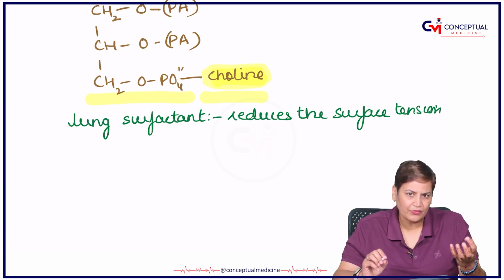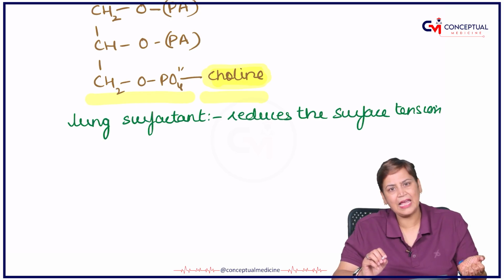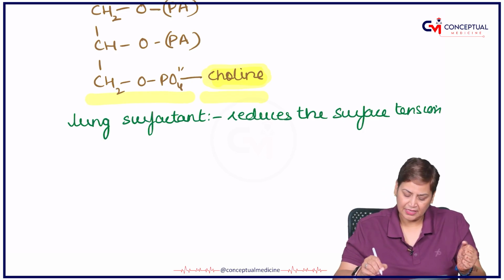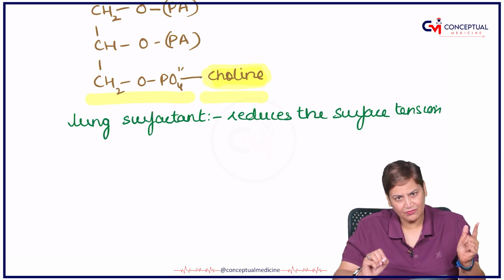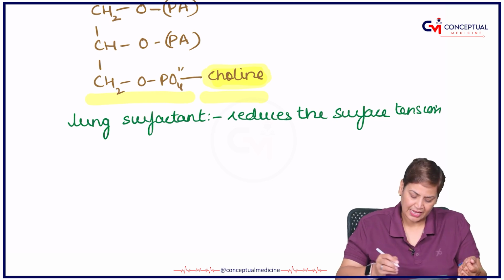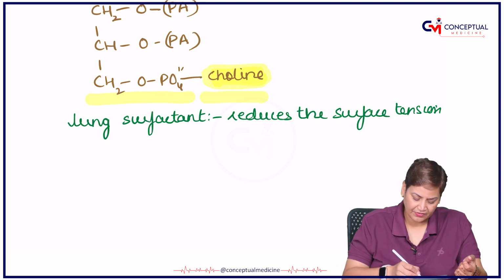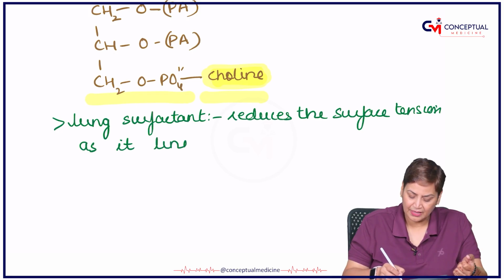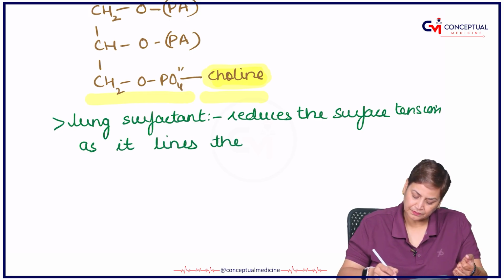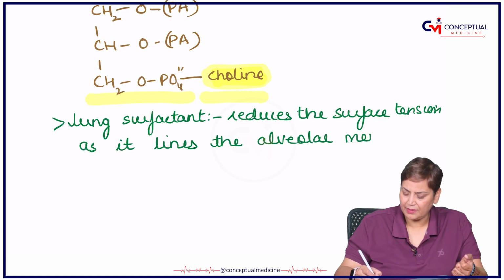So during the process of expiration, to prevent alveoli from collapsing, this DPL is the one which is present as a lining. Okay. So lung surfactant reduces the surface tension as it lines the alveolar membrane. Very important.